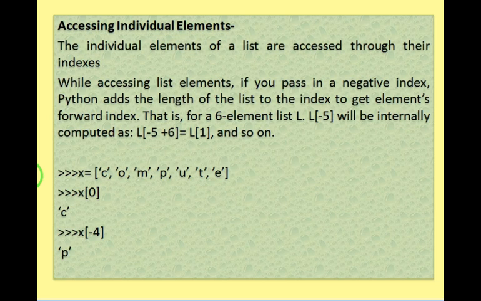Now, accessing individual elements. As I have already told you, if you want to access an individual element of a list or of any sequence, we have to specify the index number. With the help of the index number, we can access any element present in a list or any sequence, but the number should be a positive number.